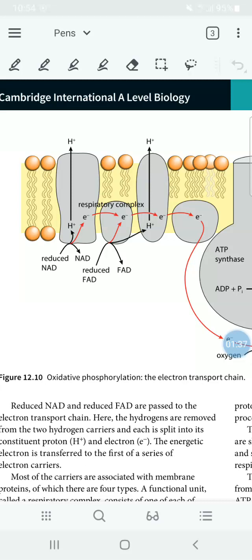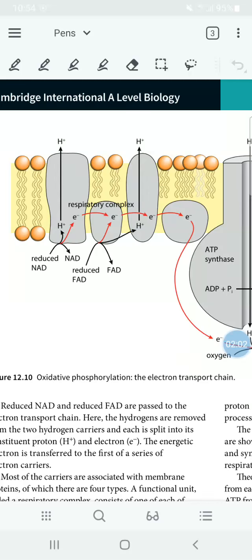You have a reduced NAD. That reduced NAD will actually become NAD here. And in that process, H plus is given out, which is released to the outside, and an electron is transferred. The same thing happens with the reduced FAD as well.